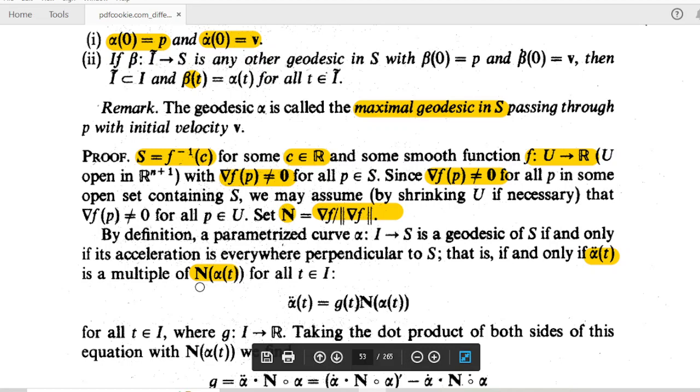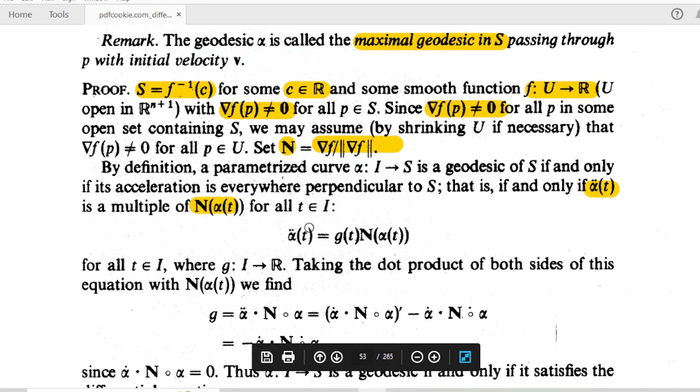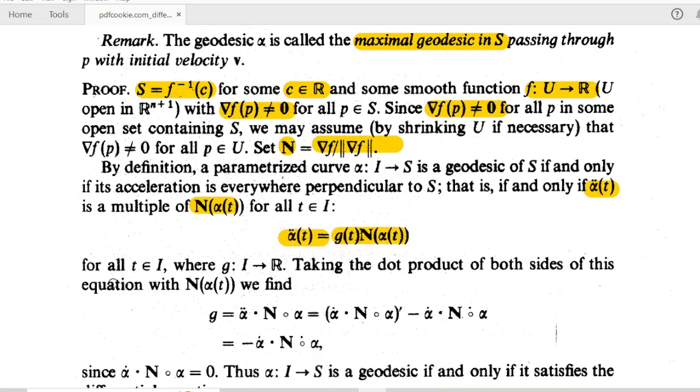If two vectors are in the same direction, one vector is a multiple of the other. So we can say that alpha double dot of t is a multiple of n bar of alpha of t for all t belongs to I. So we can write alpha double dot of t is equal to g of t into n bar of alpha of t for all t belongs to I, where g is a smooth function from I to R, some scalar function. That is all, because it is a scalar multiple.